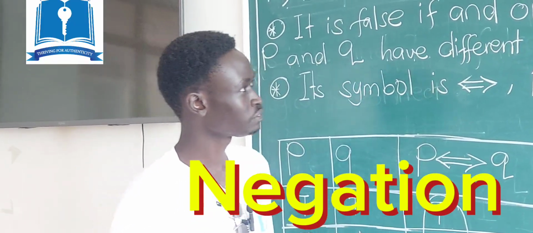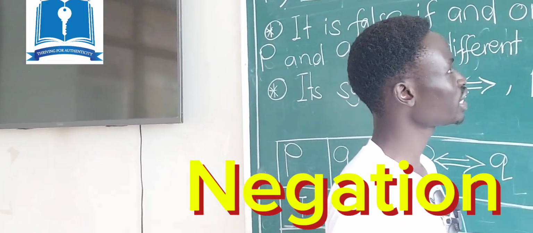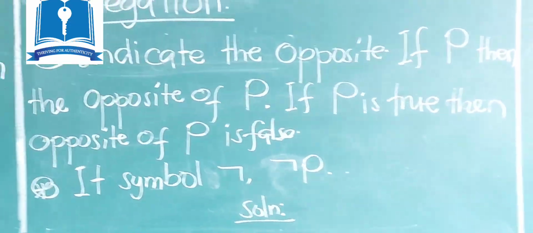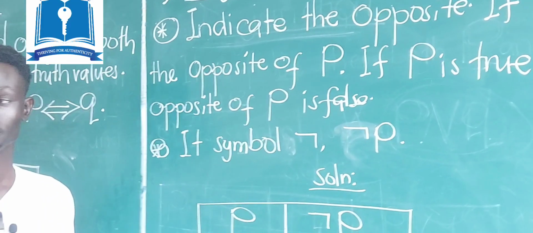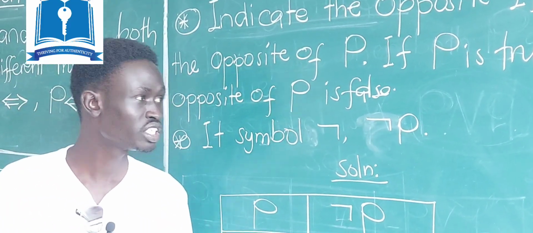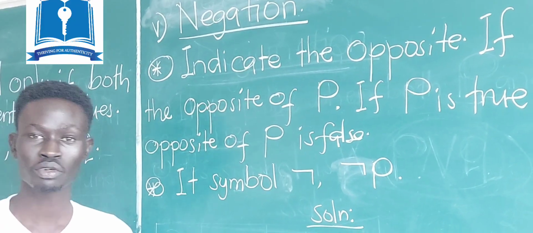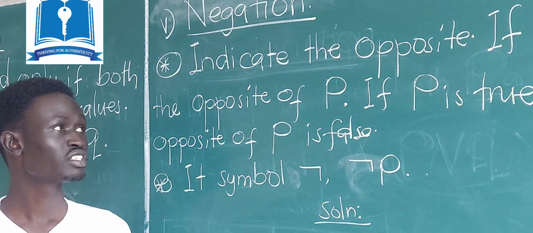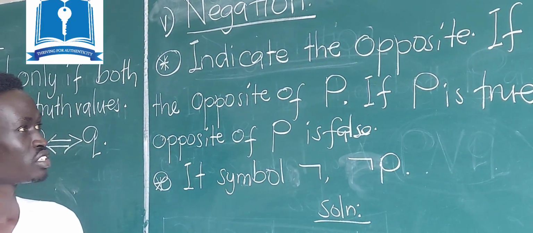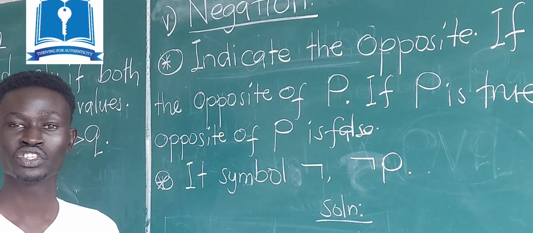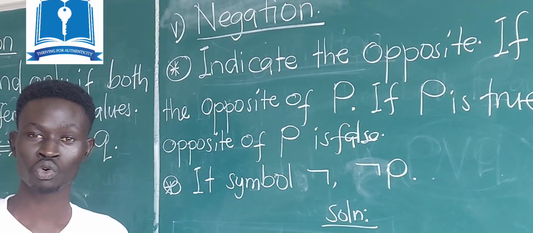Here we have negation. Negation is also among the connectives, so you can use negation as well. Negation is very simple: it means the opposite. When P is true, what is the opposite of true?